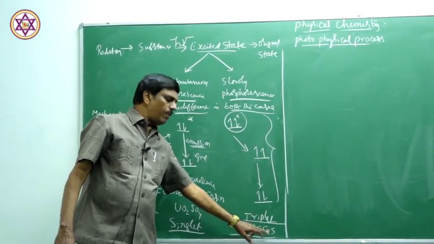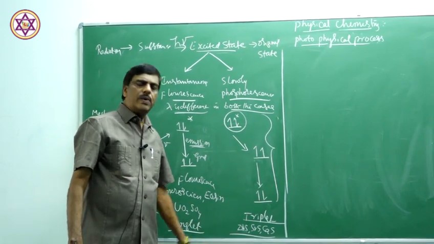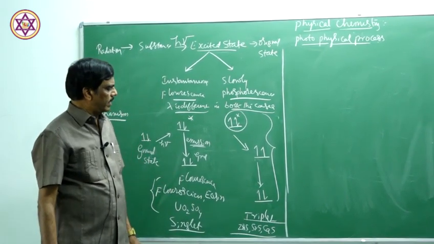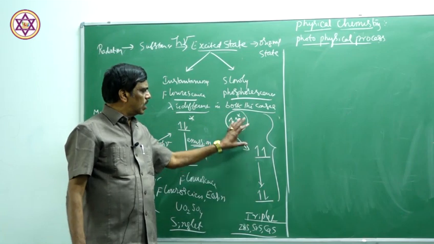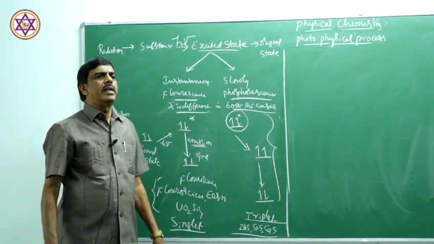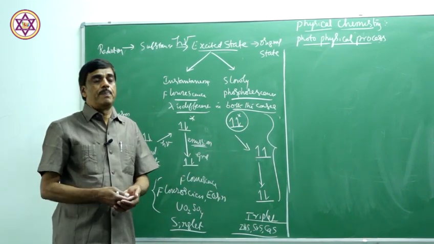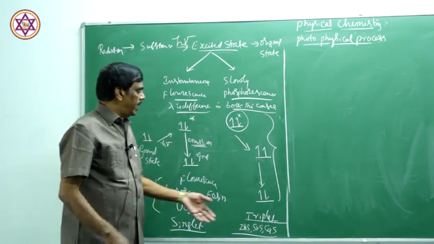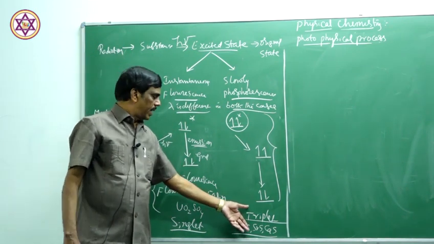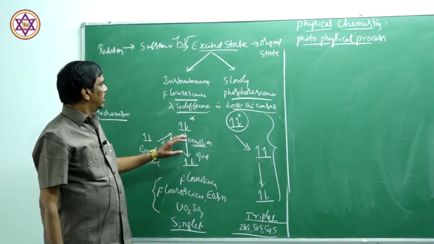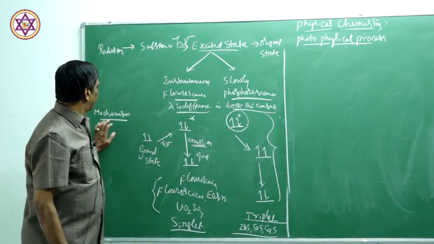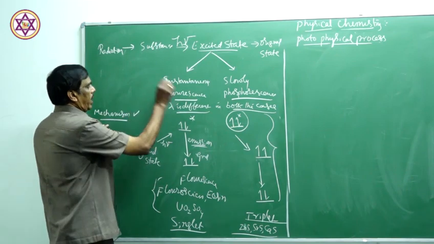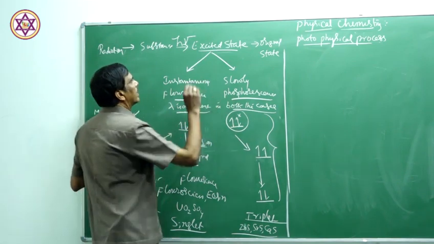Apart from sulfides of second A group, zinc sulfide also shows phosphorescence. So, phosphorescence is a slow process. Slowly it emits the light, and since the wavelength of the emitted light is different from that of the absorbed light, the color is different in both cases. So, this is the mechanism of fluorescence and phosphorescence.